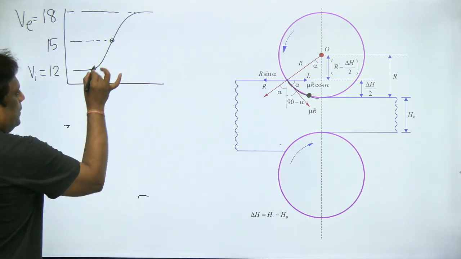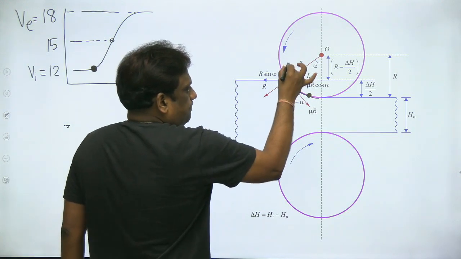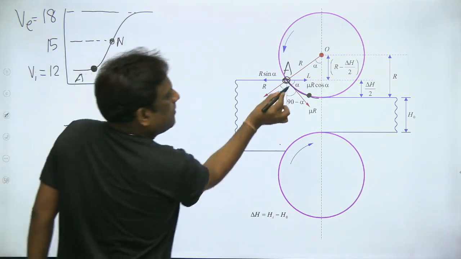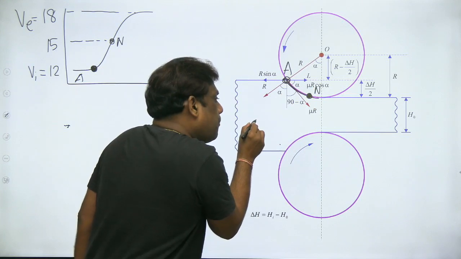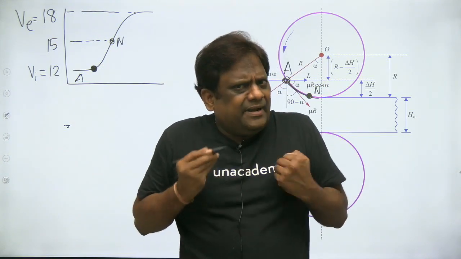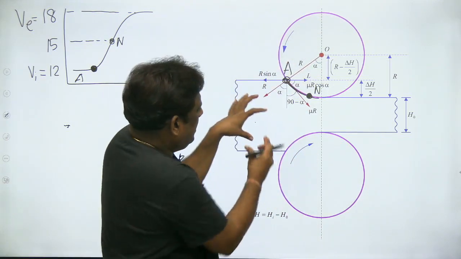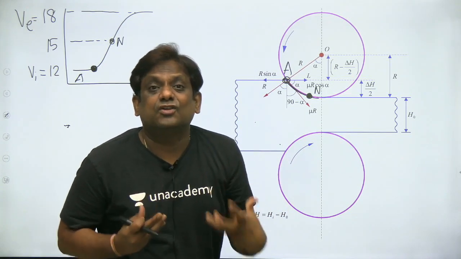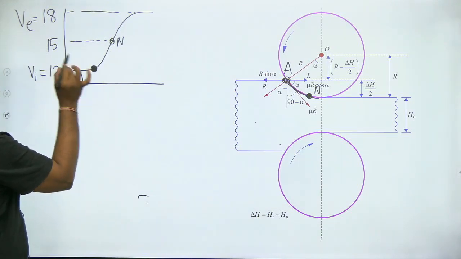If you see, my dear students, let the entry be A. From entry A to the neutral point, my component velocity is less than the roller. I am interested in my component, not my roller. This is my system, my component. My component velocity is less: 12, and the roller is 15.